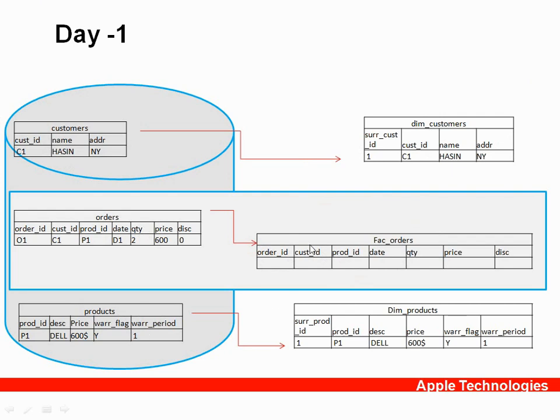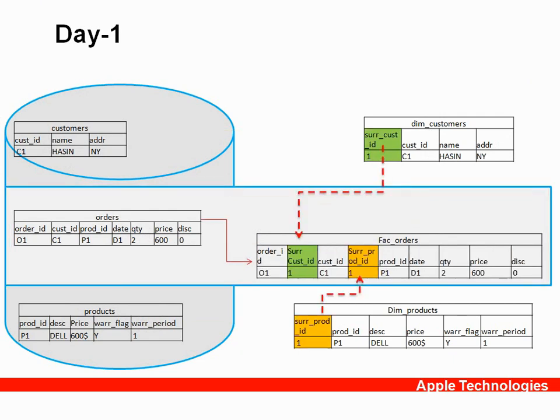Then, once you finish all the dimensions loading, whatever data I have to load into the fact table, I will do as the third step. In the third step, I am taking data from the left side orders table, because these are the orders, and putting it into the fact table.